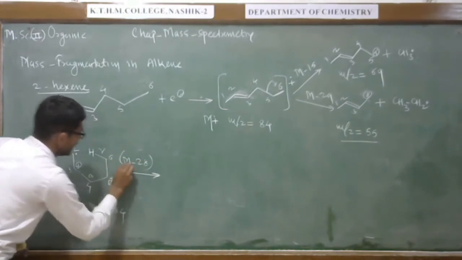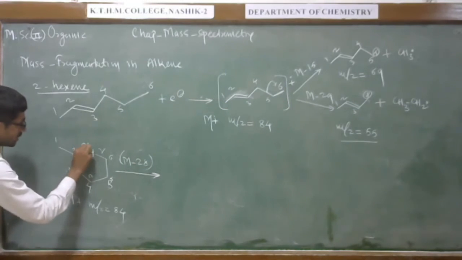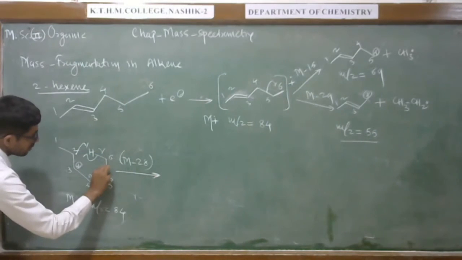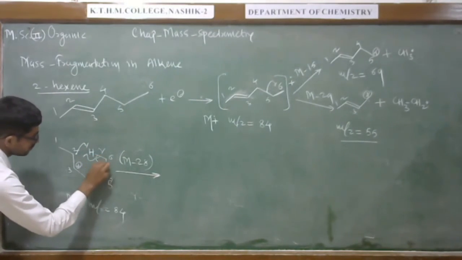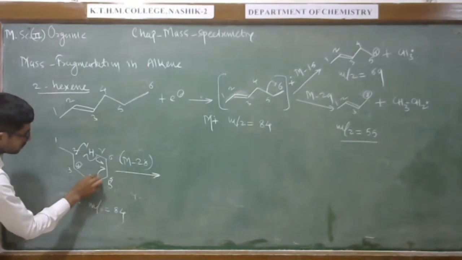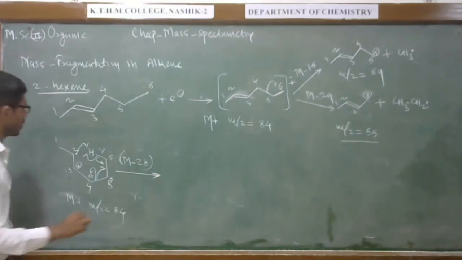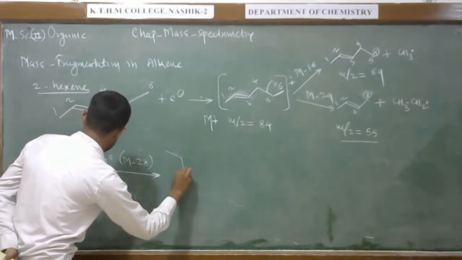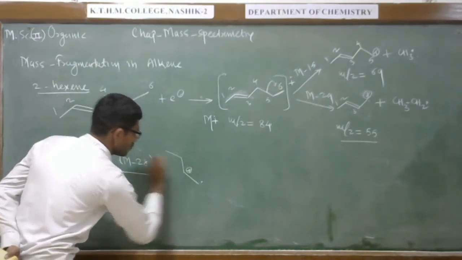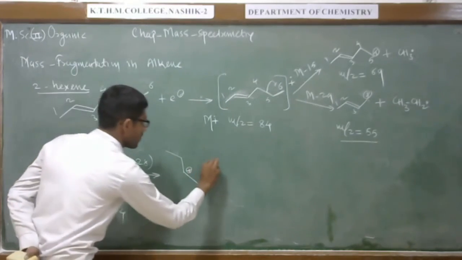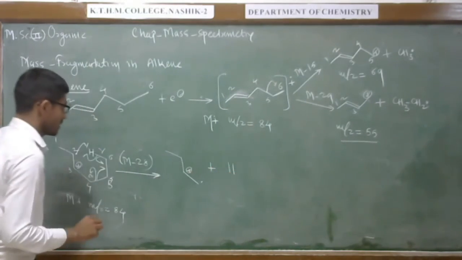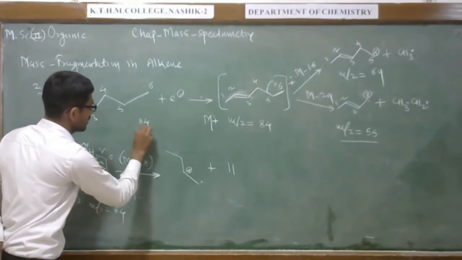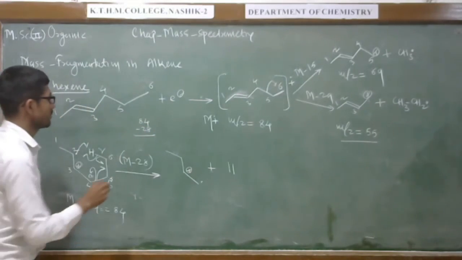M minus 28, so like this. Because of McLafferty rearrangement, we get M minus 28, which is 84 minus 28, that is nothing but 56.